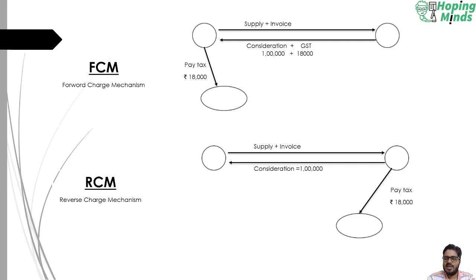Further, the GST amount that has not been paid to the seller will be paid by the recipient to the government. On the payment of such GST to the government account, the recipient will also claim the input tax credit simultaneously. So this is the transaction cycle in case of reverse charge mechanism.